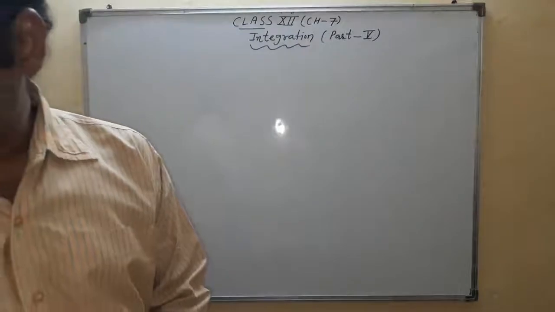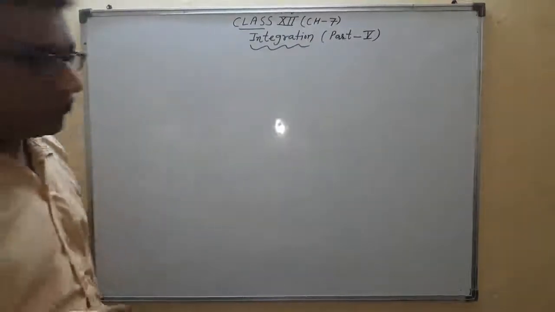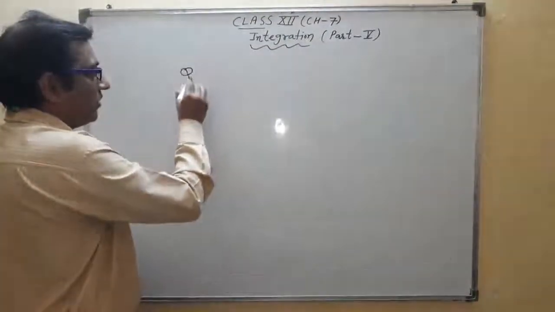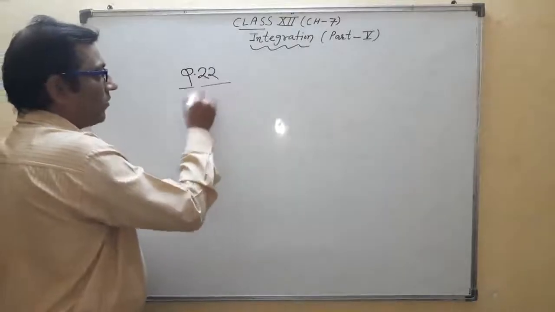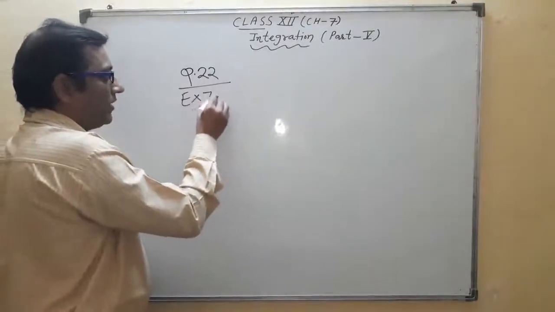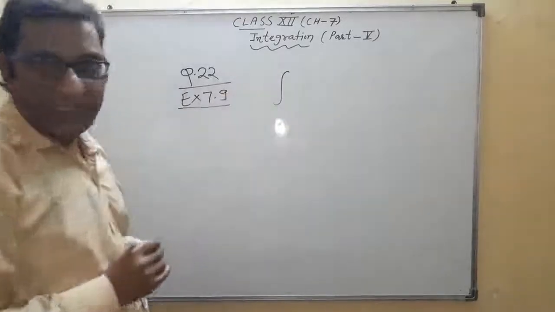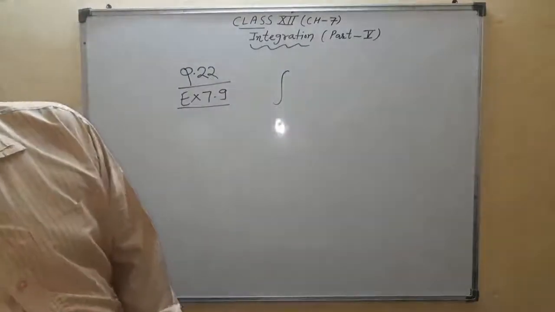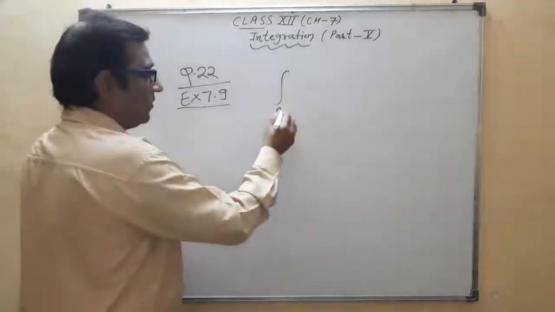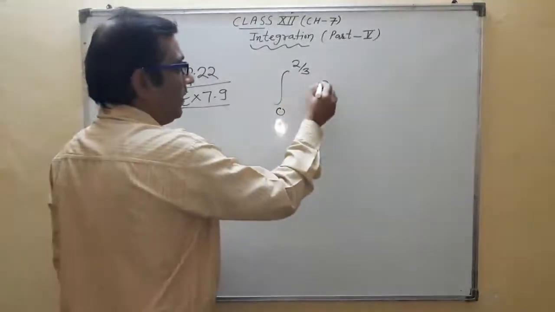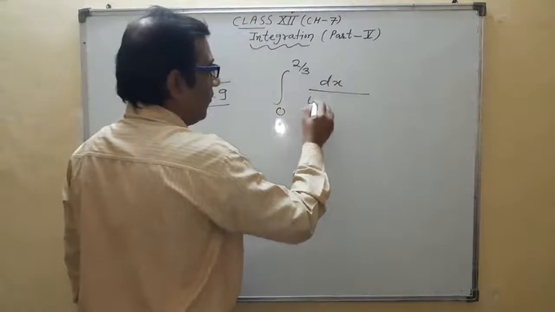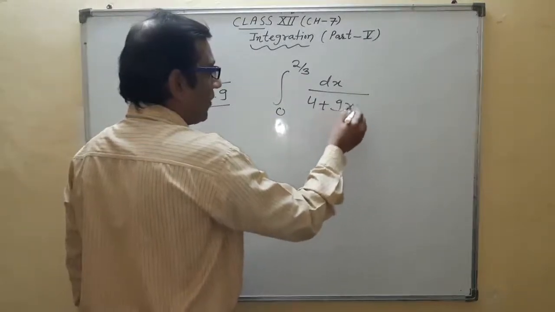After these questions, I am continuing with one more question, and this time it is question number 22 of exercise 7.9, and the question is, how can we integrate 0 to 2 by 3 dx upon 4 plus 9x square.